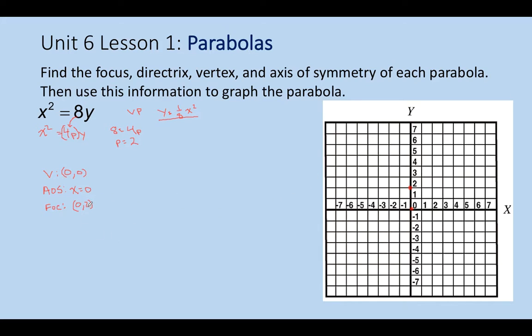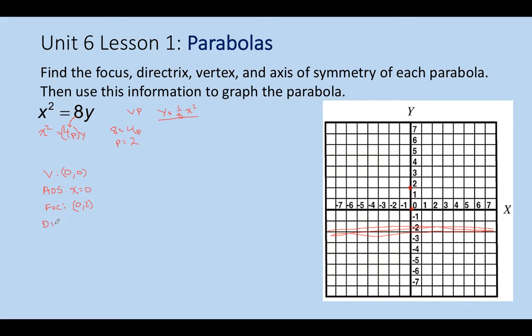All right, we've got lots of this stuff now. We've got the focus. The directrix is going to be an equal distance away here. And remember, this is your line. It's going to go through the y-axis at negative 2.